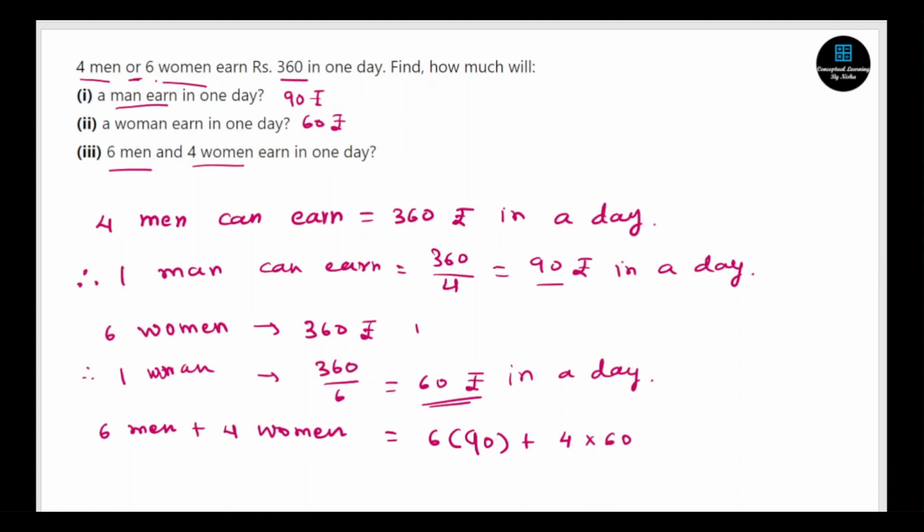So 60. And then when I simplify this, I'll get 540 plus 240, which is 780 rupees in a day. Right? So this answer is 780 rupees.